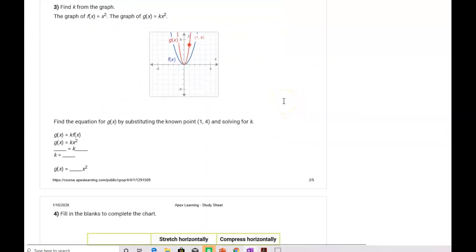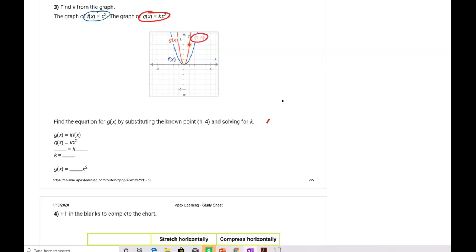So right here, when I look at the first example, if I'm given f of x equals x squared, that's my blue graph here. Then I'm given g of x is some number k times x squared. What is the value of k going to be so that this red graph has a vertical stretch? If you look here, they give us an ordered pair.